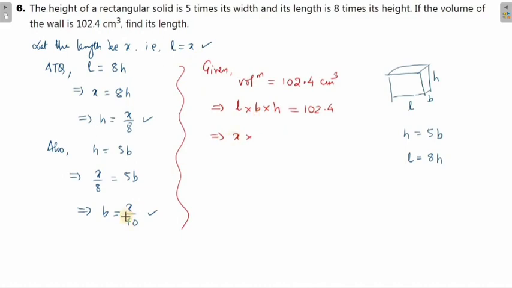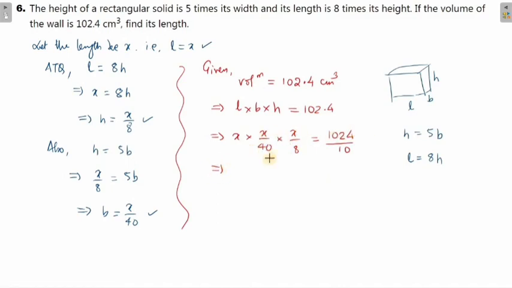B is how much? B is x by 40, right? Into H. H is x by 8. So this is equals to, so let's write this as 102 by 10, this much. Can you write this if I remove the decimal? Definitely, right?